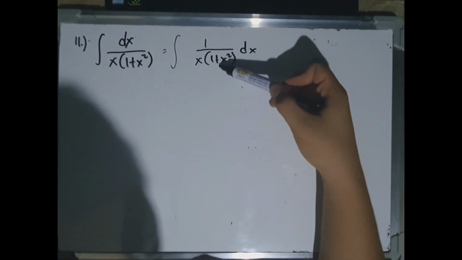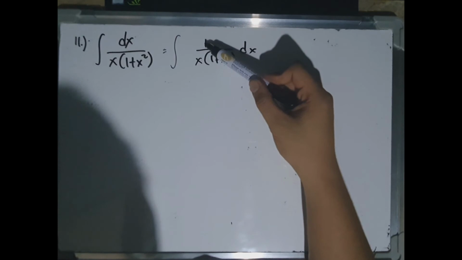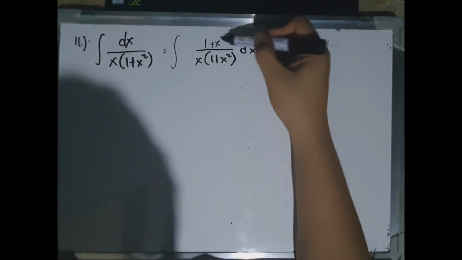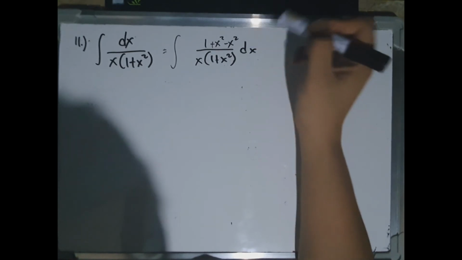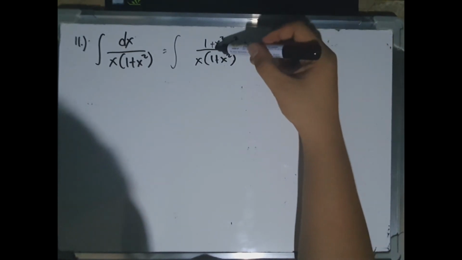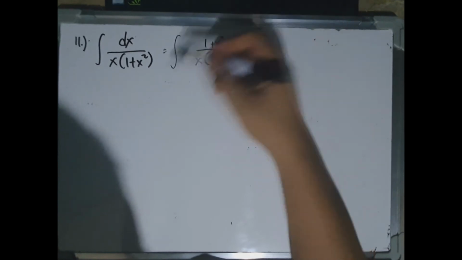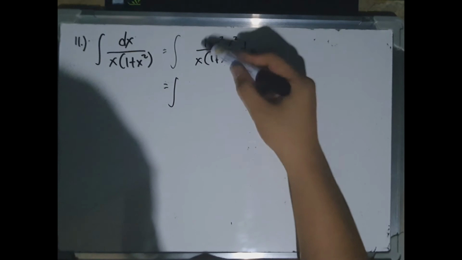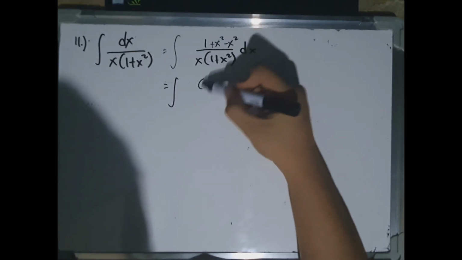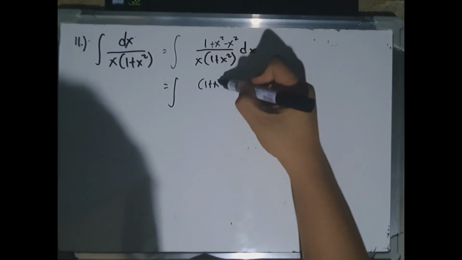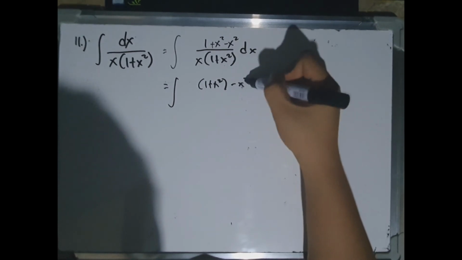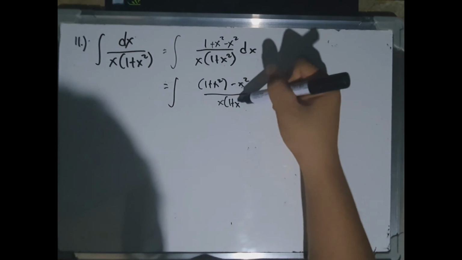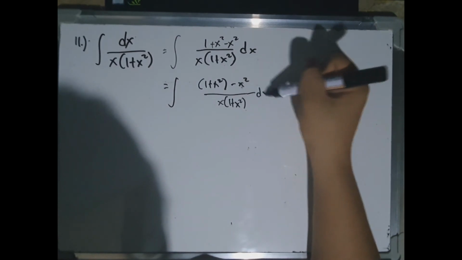To have 1 plus x squared, we already have 1. If we add x squared, we have to subtract x squared, right? To have a still value 0. Okay. We could now group these two terms. 1 plus x squared minus x squared all over x quantity 1 plus x squared dx.